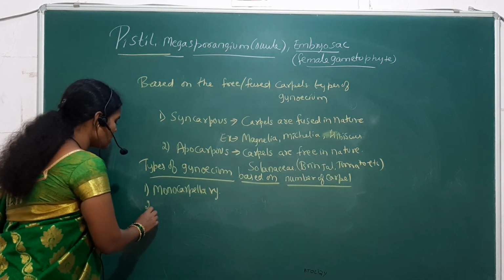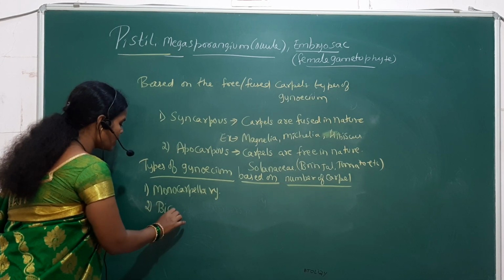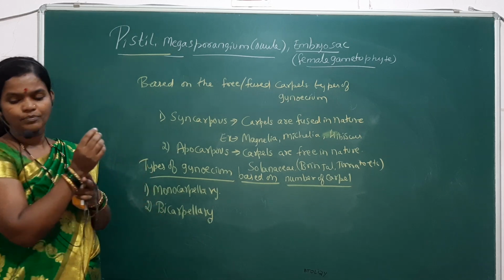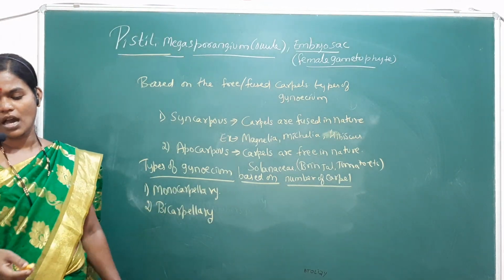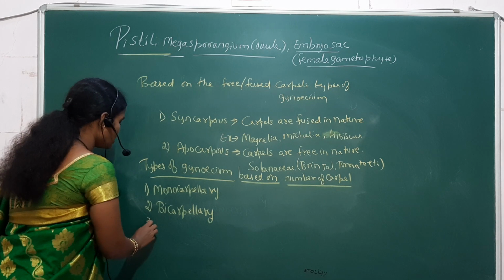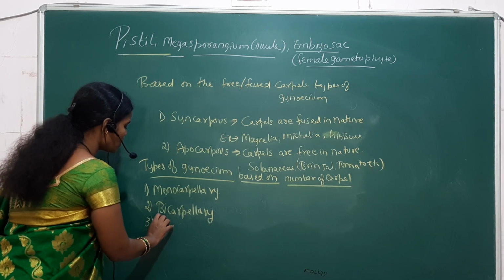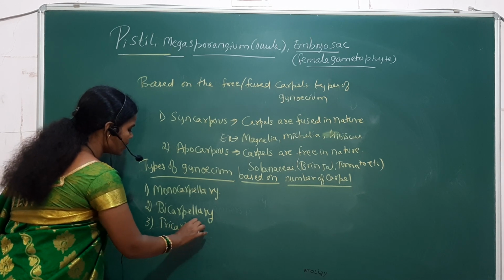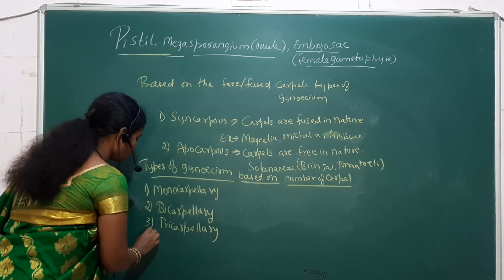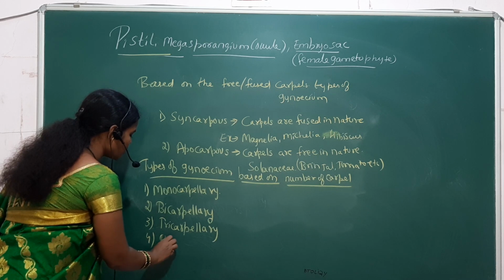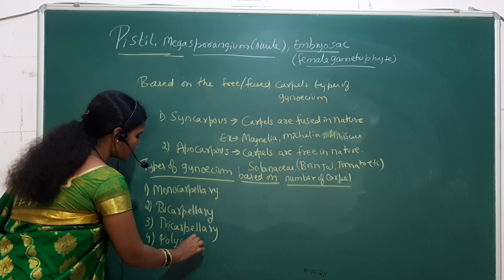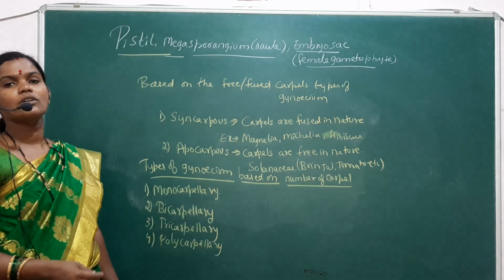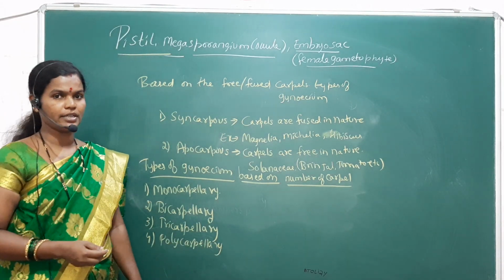If two carpels are there, it is called bicarpellary. If three carpels are there, it is called tricarpellary. If more than three carpels are there, it is called polycarpellary condition.